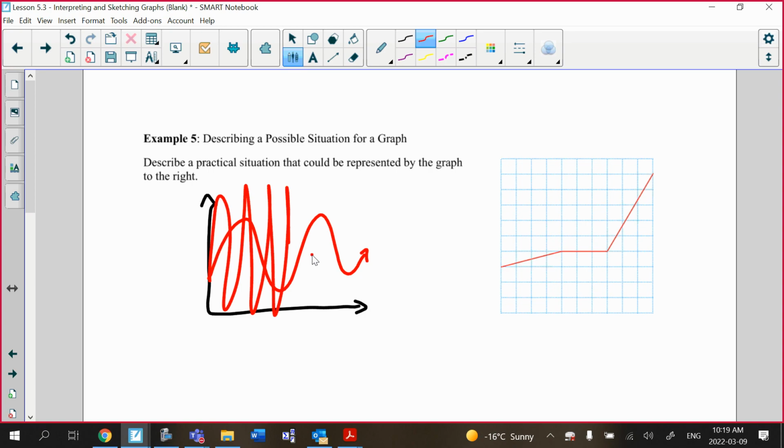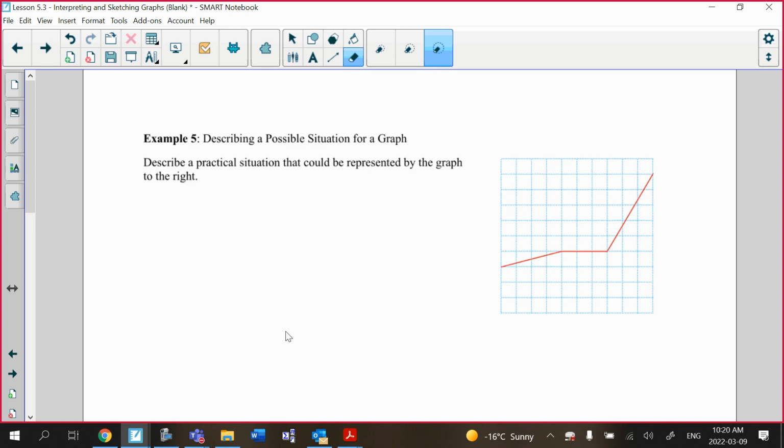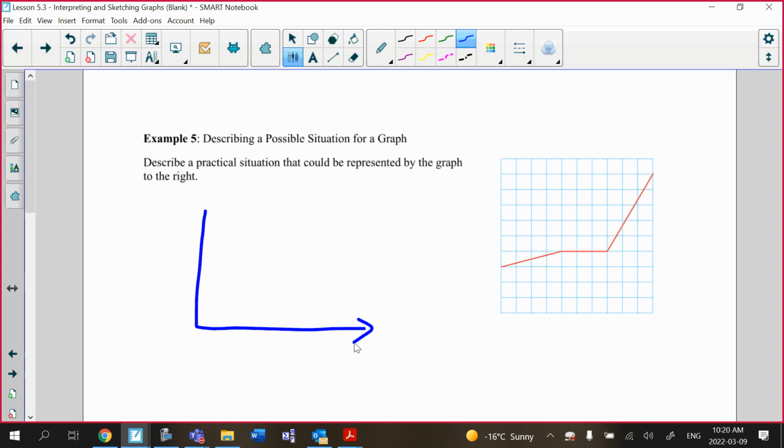What would a ride on a Ferris wheel look like if this was time and this was height? So would it look like this? Remember, this is time, this is height. First of all, the height is at 0. It's going to be tough for a Ferris wheel to get off the ground at 0.